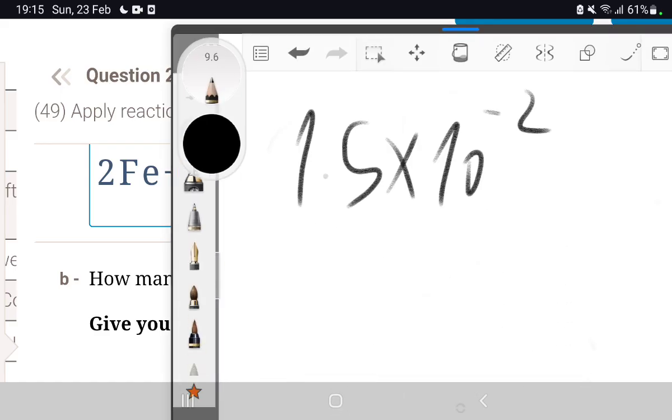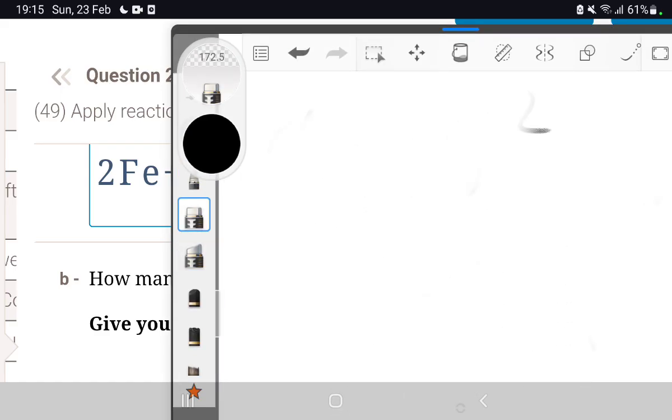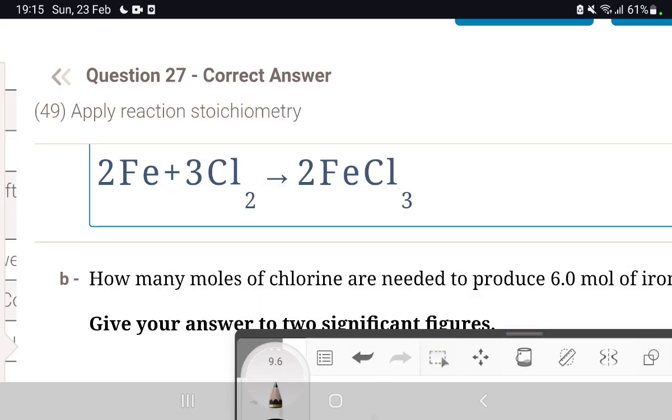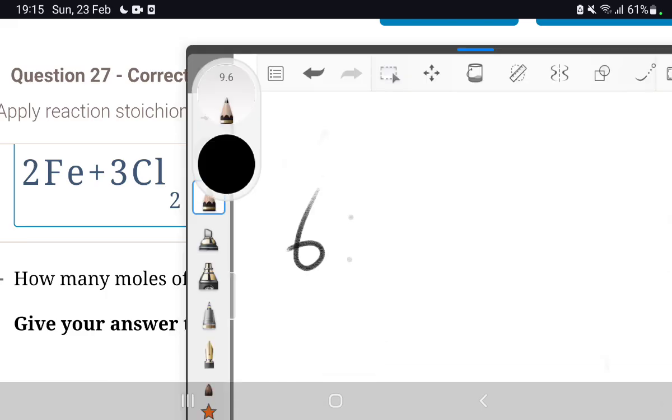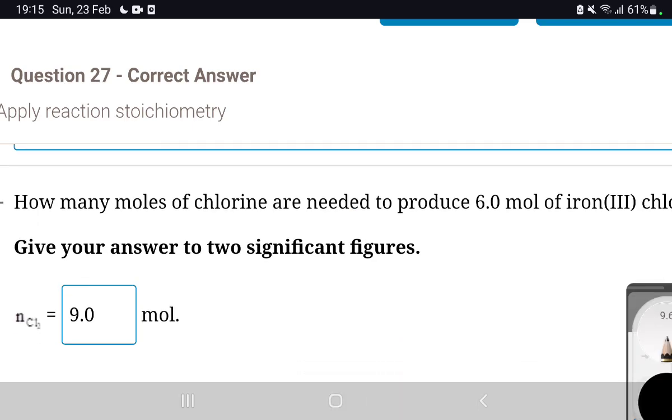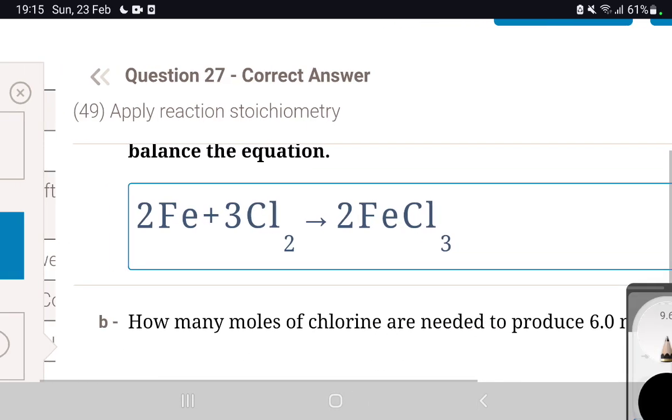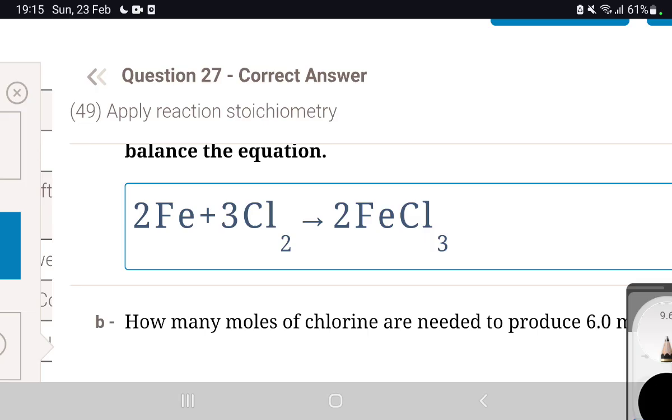I'm just going to write the ratio by coefficients after the multiplication. It will be 6 to 9 to 6 in that order. They want chlorine, which is second in the equation, which is, as we said, 9.